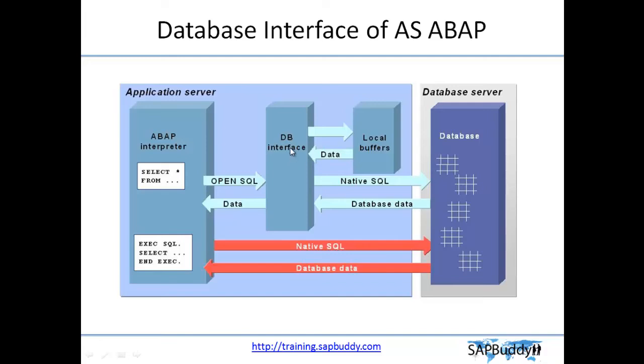It's a DB interface which is available in your application server. It will convert these ABAP statements into native SQL statements as per the database. Then it will retrieve or update the information. Similarly, the data is also fetched or written in the database.